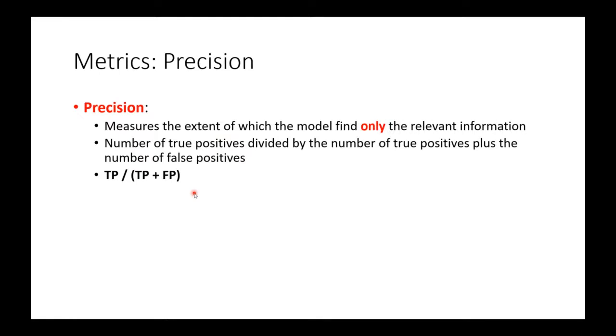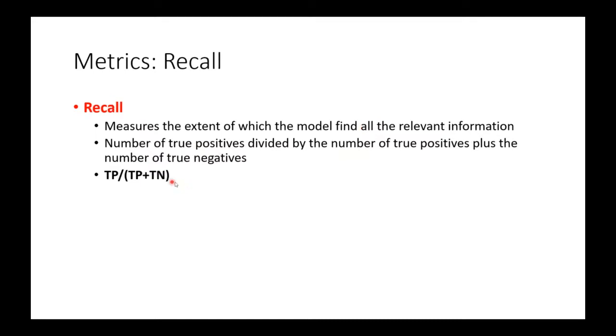And precision measures the extent to which the model finds only the relevant information. It's basically the number of true positives divided by the number of true positives plus the number of false positives. Right? So recall is the percentage of relevant information that my model found given the true answers.